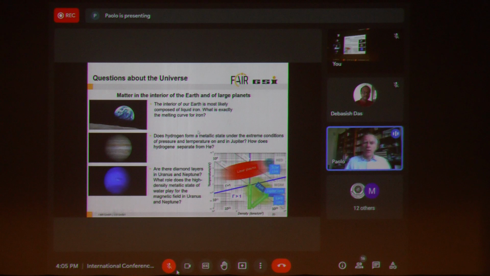But there are many other questions about the universe that will be addressed in theory. The planetary science relies a lot on, again, observation. Observation provides a lot of information on the surface of planets, which is well known, not so much on the behavior of matter inside.